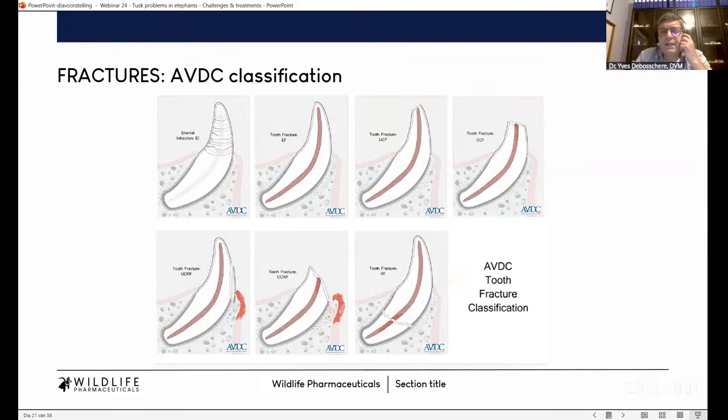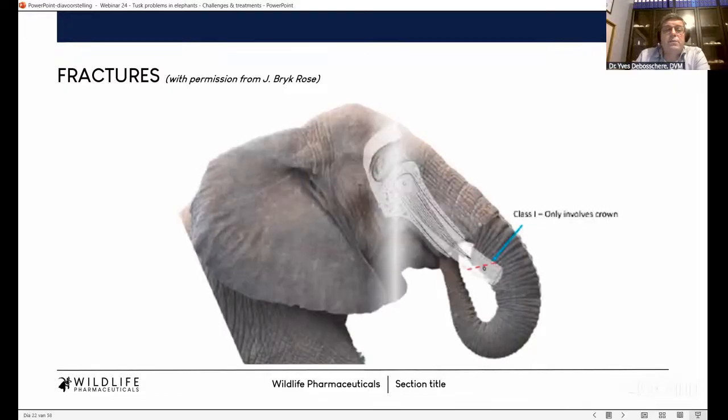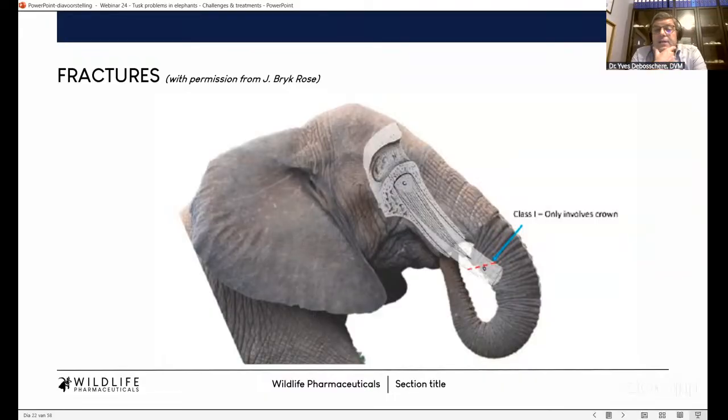And that is the one we want to use, but if we read the study of Rose, and there were also comments on that, he classified the tusk fractures in class 1, 2, and 3. I think that we should be able to use both for the moment, but know that we should go more to the AVDC classification than to this one.